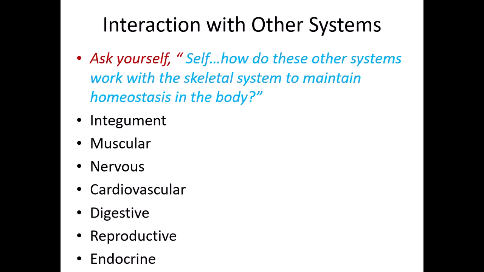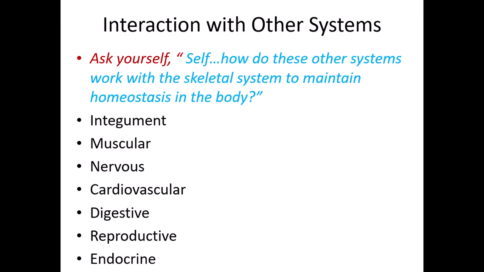We know that skeletal muscle attaches to bones, pulls on bones to make different body movements occur across joints. So we'll look at more of that in the next muscle lecture. Nervous system really helps to regulate all of our kind of bone maintenance for sure.